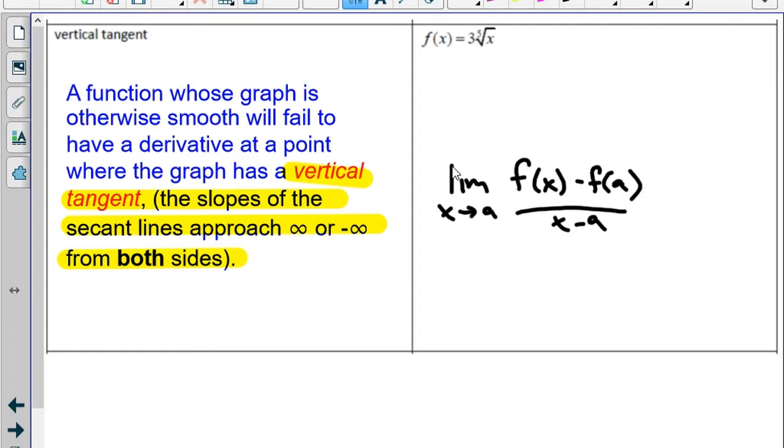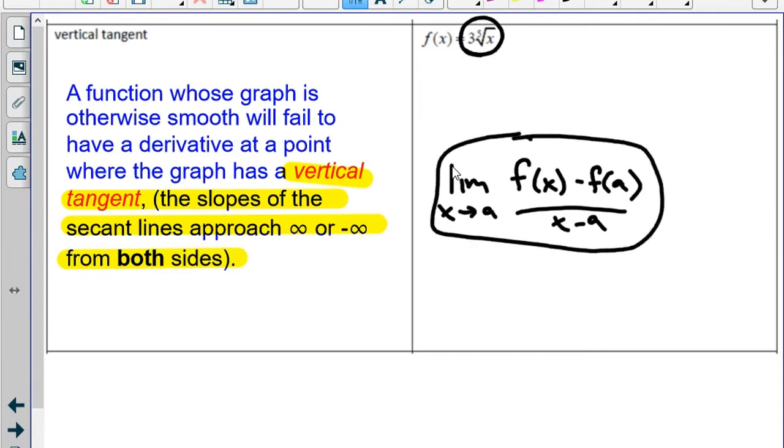But what ends up happening is when you take the derivative of this function using a shortcut or something like that, or you just take the limit using this, you're going to end up with some kind of thing where you get 1 over 0 or 3 over 0 or something like that. So it actually ends up going off to infinity on both sides.